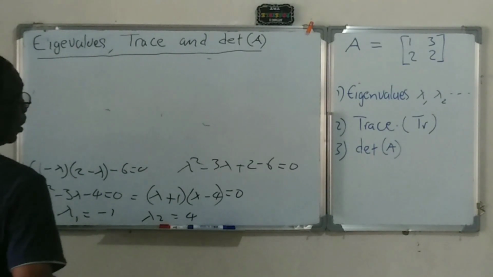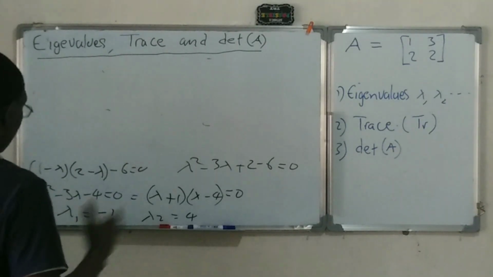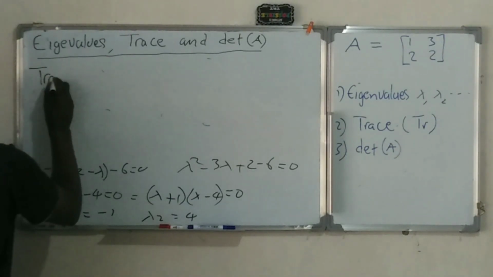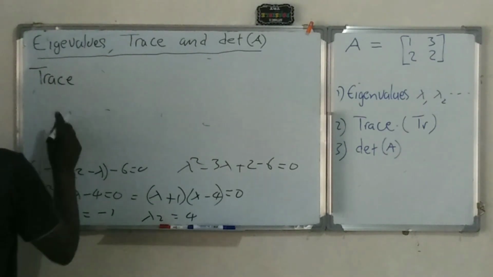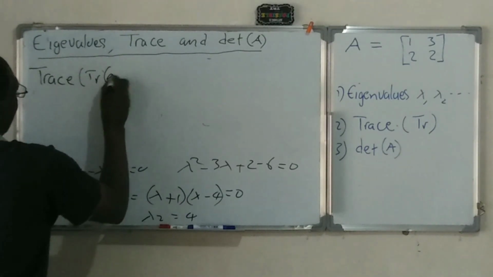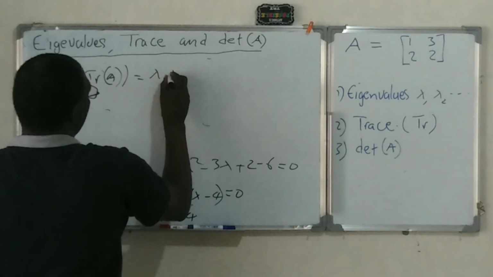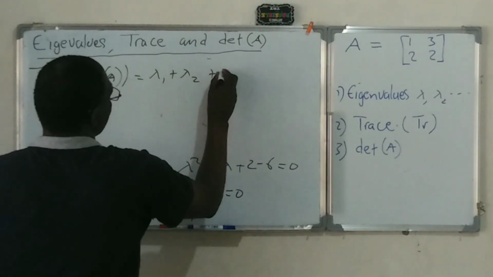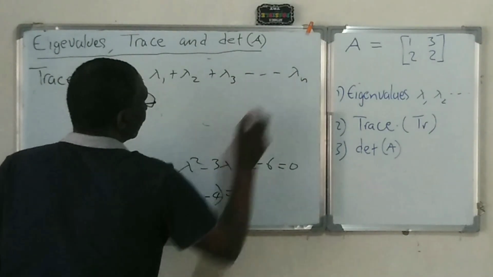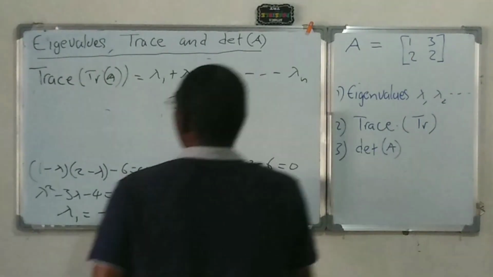If a matrix has eigenvalues lambda 1, lambda 2, lambda 3, up to lambda n, then the trace of A, TR(A), is equal to lambda 1 plus lambda 2 plus lambda 3 all the way up to lambda n. Now, what is the trace of A?